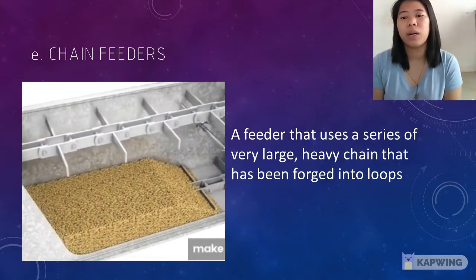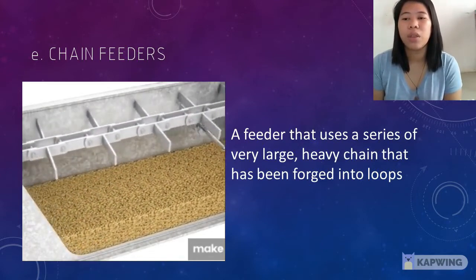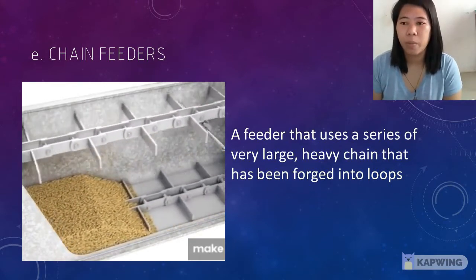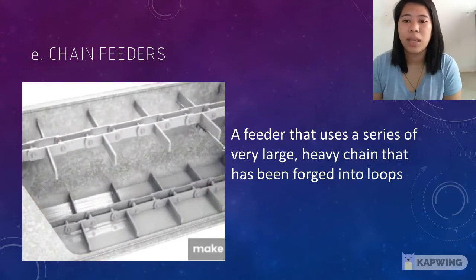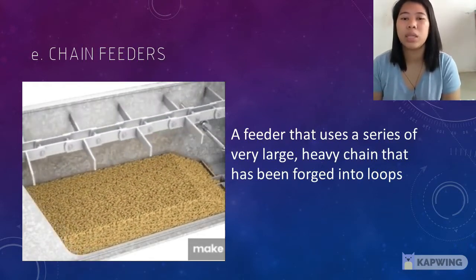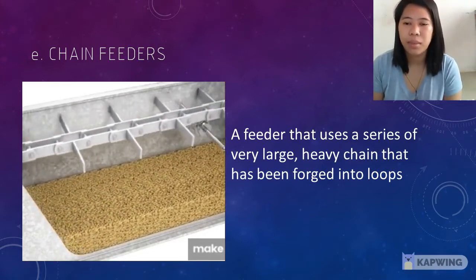Despite the drawbacks, these chain feeders are still available because it is an open system, which means that it is easy to clean, easy to control, and easy to maintain.